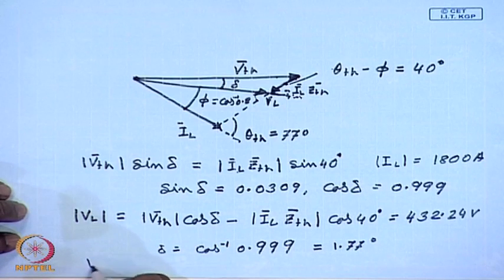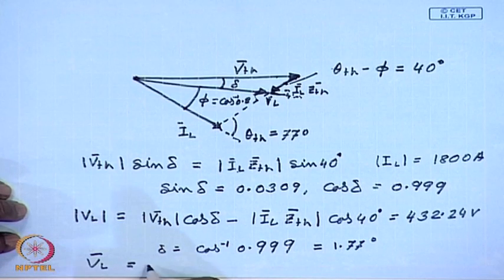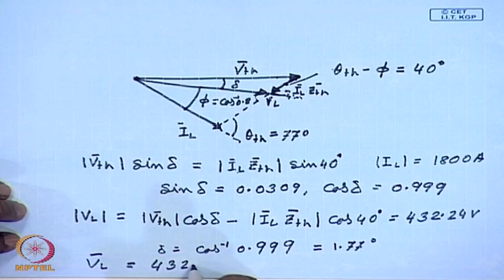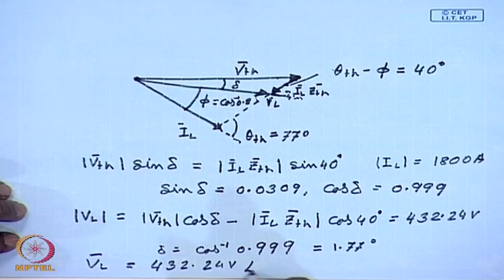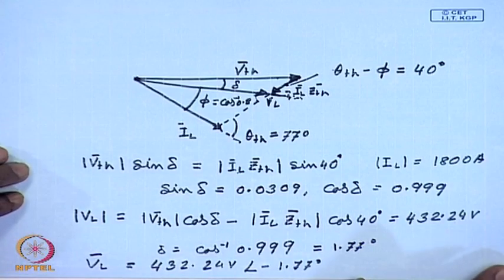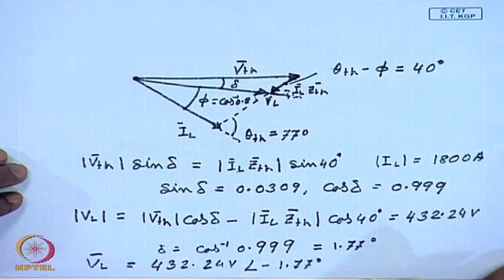So, VL vector equal to 432.24 volts angle minus 1.77 degrees if E10 and E20 are taken to be the reference phasors.